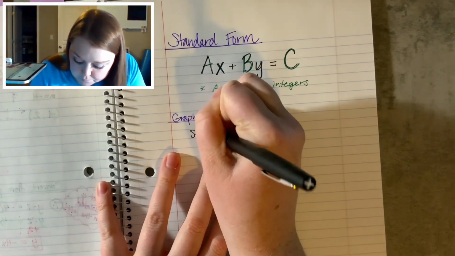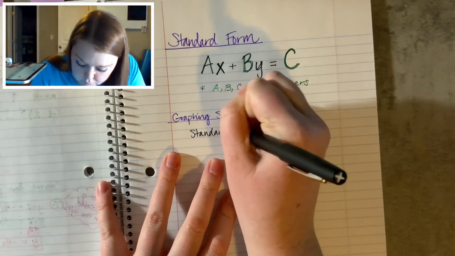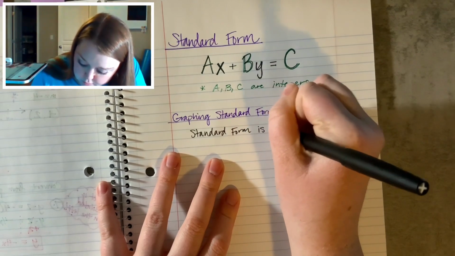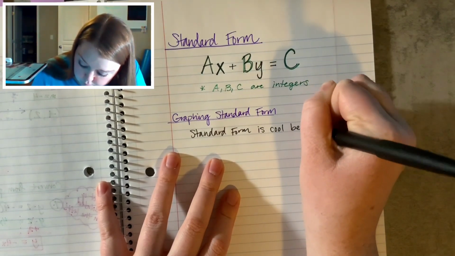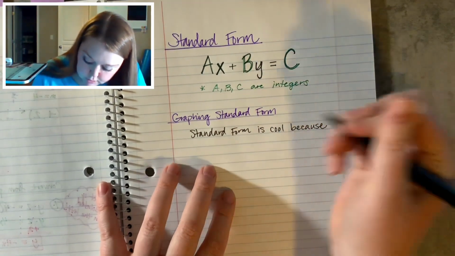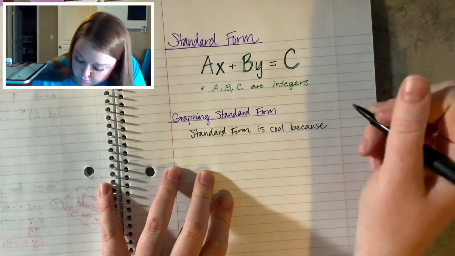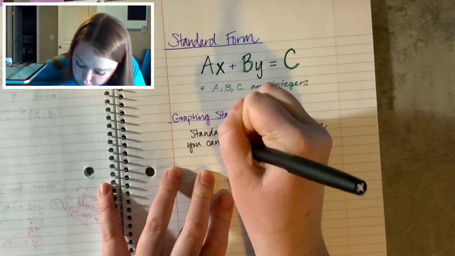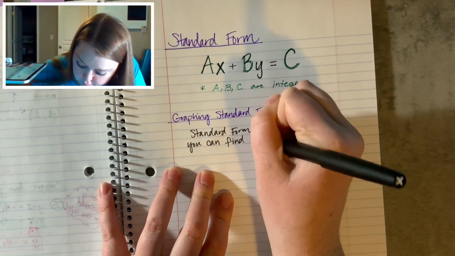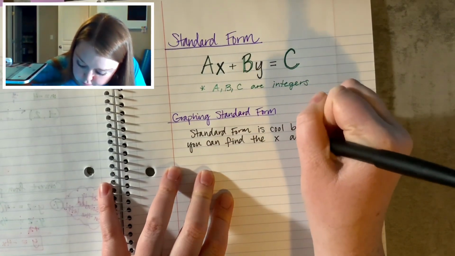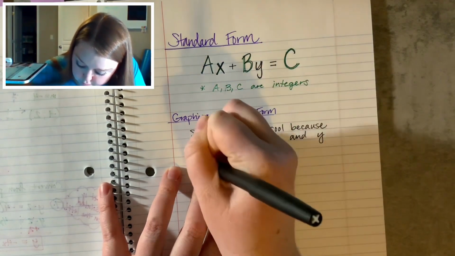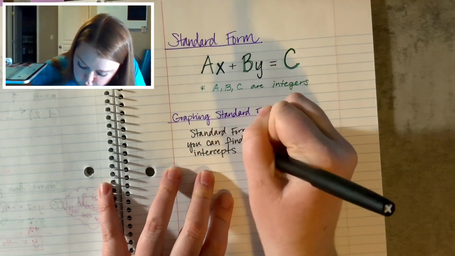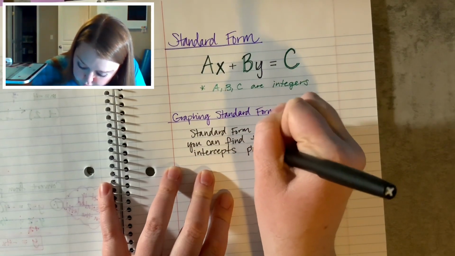Standard form is cool because you can find the x and y intercepts pretty quickly.